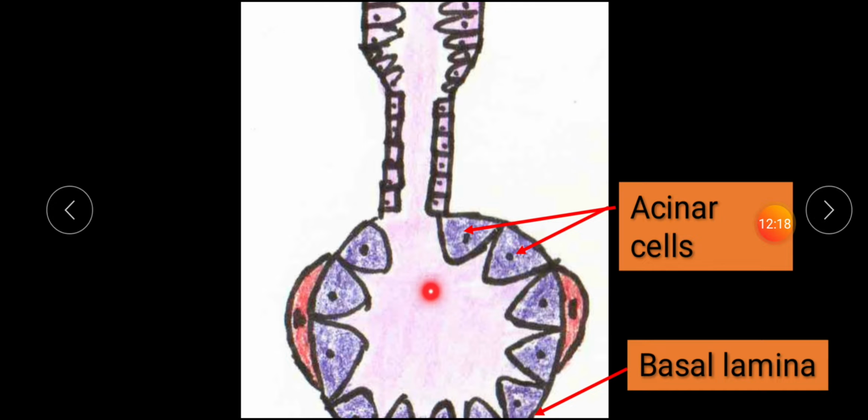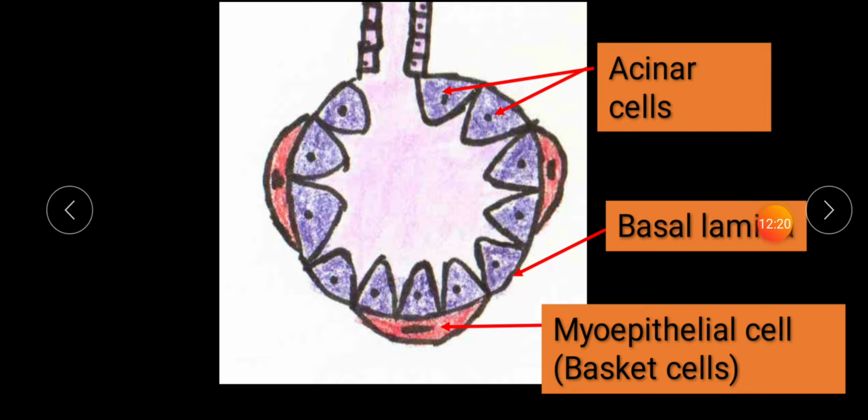Another name for the myoepithelial cell is basket cell, and structurally they contain contractile protein, which is why they are able to contract and move the secretory material towards the duct system.